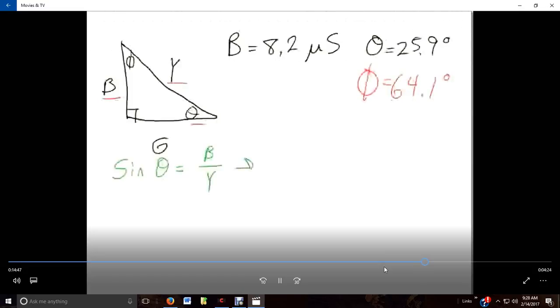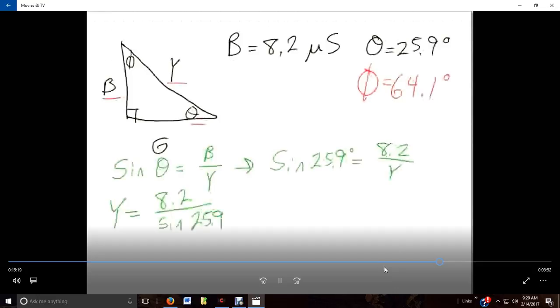So if we plug in what we know, that gives us sine of 25.9 degrees is going to be 8.2 microsiemens divided by Y. If we multiply both sides by Y and divide both sides by the sine of 25.9, we get Y equals 8.2 divided by sine of 25.9.